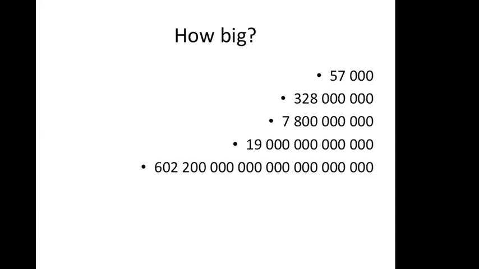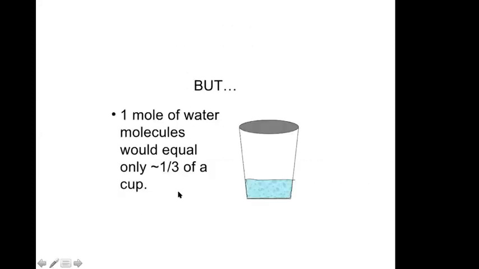This is a mole. With all of those zeros, it's almost twice as long as the trillion number. So really, this is just a huge, huge, huge number. And so you might think, oh, if we have such a huge number, then this has got to be a lot of stuff. But if we're looking at 1 mole of water molecules, so this number of water molecules, it's about a third of a cup.